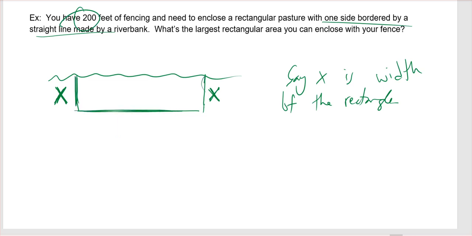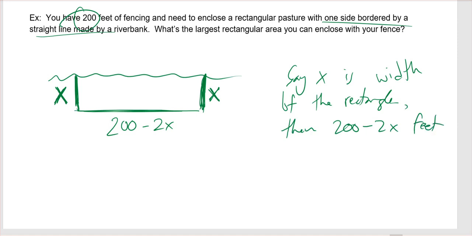So if I take away this x and this x, what I have remaining would be what's left of that 200 feet. So I'd have 200 minus 2x. That would be our length here. Okay, so we have that put in place.